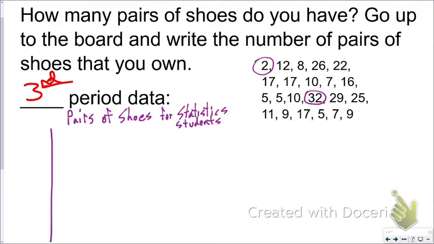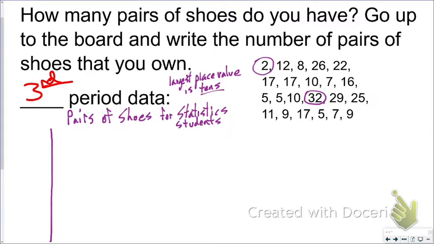For example, 2 is a ones digit, but most of the others go 2 digits, which means the largest place value is tens. So that becomes our stem.